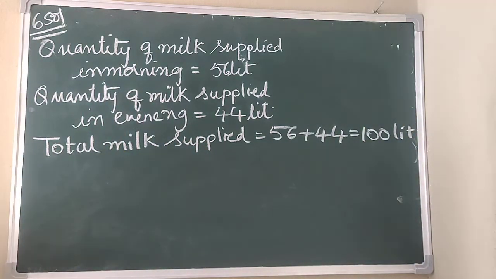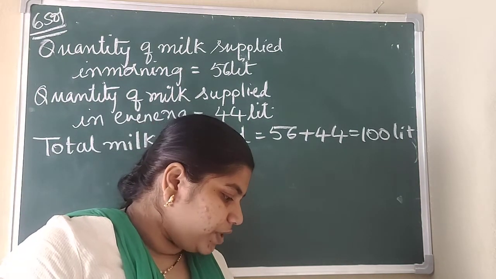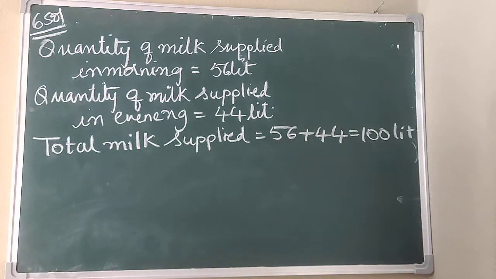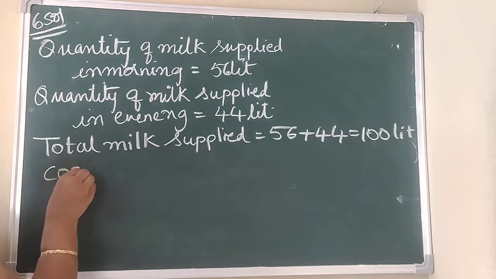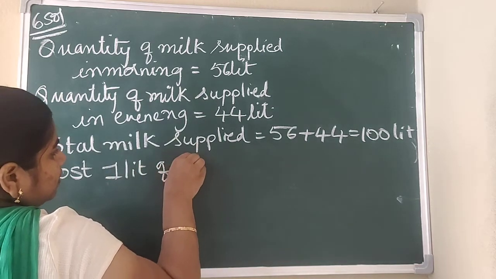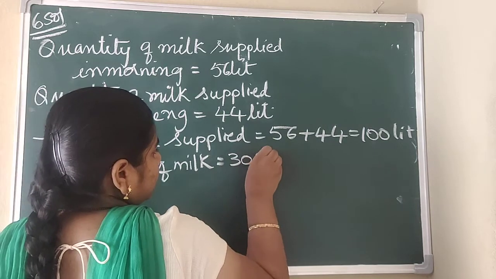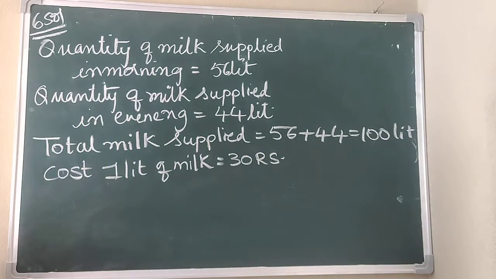Okay, so what is the cost of 1 liter? The cost of 1 liter is 30 rupees. Now we have to find the cost of 100 liters of milk.